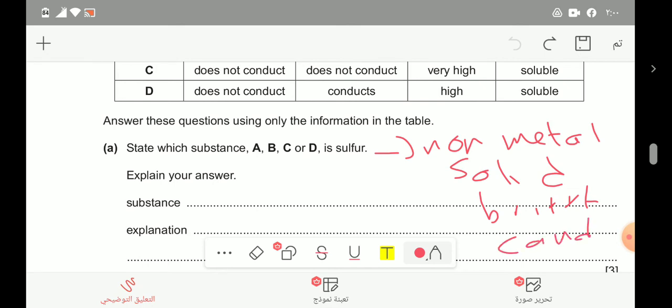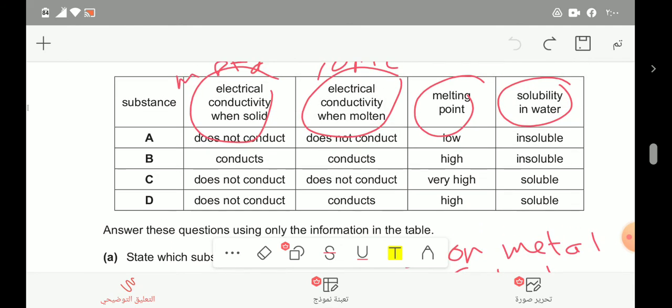So we'll choose which one is solid. Melting point low, high. Solubility in water, insoluble in water. So we'll choose here insoluble in water, does not conduct electricity. So A, because it has a low melting point, cannot conduct electricity, and is insoluble in water.